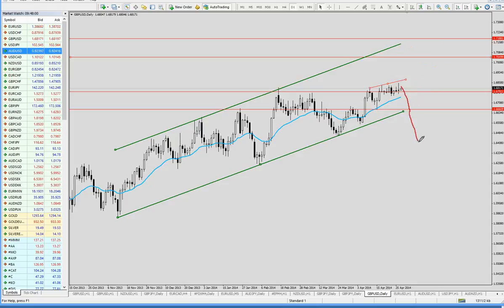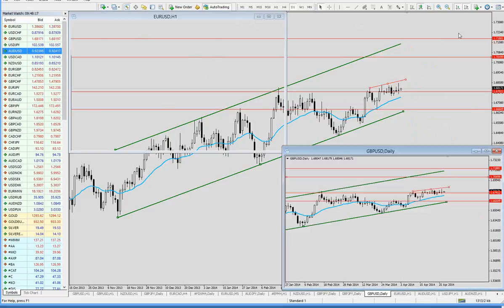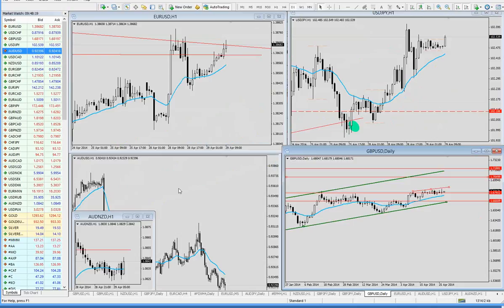We are falling down, retest, and to the downside. So full analysis on the British pound, so we all know what we have to do. Okay?